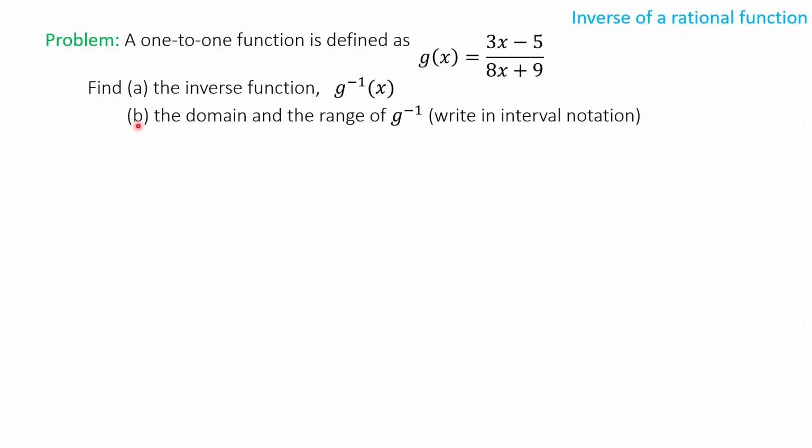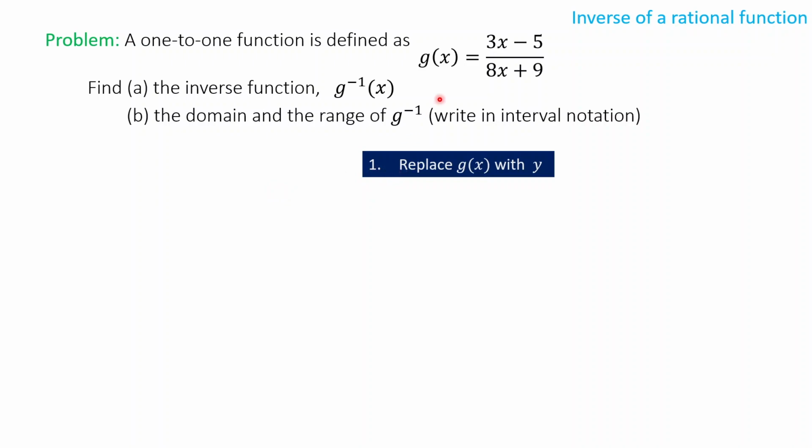And B, you need to find the domain and the range of G inverse. You need to write domain and the range in interval notation. First, let us find the inverse function.